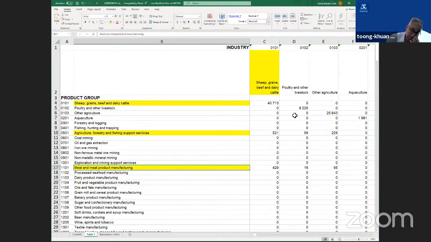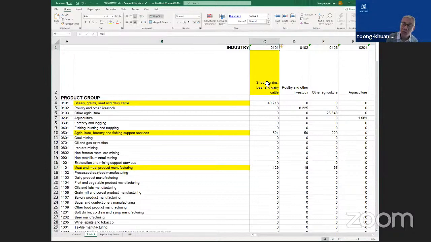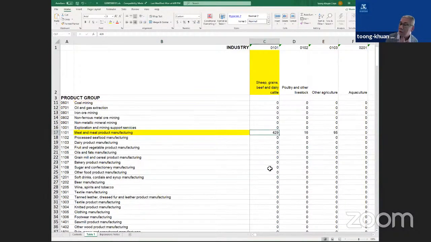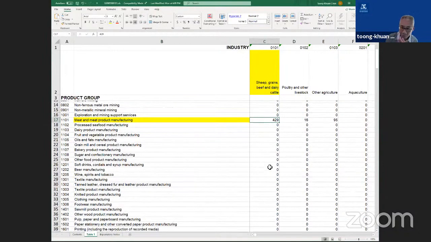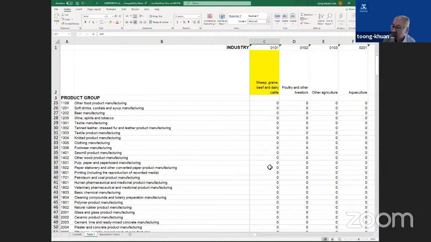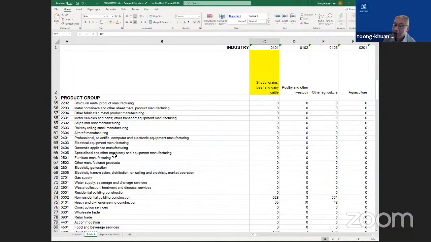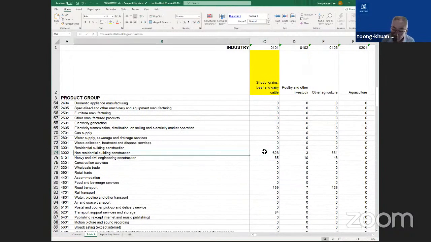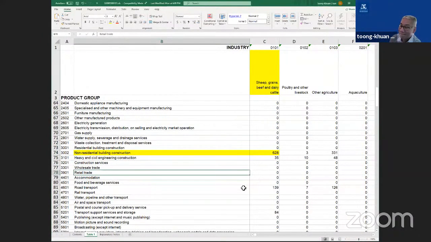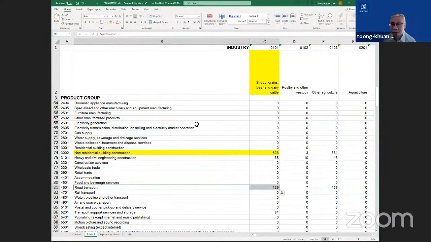So you can see that Industry 0101 produces a whole series of materials and goods. Now, this is quite interesting. Why does sheep, grain, beef, dairy, cattle also produce non-residential building construction? Any ideas?